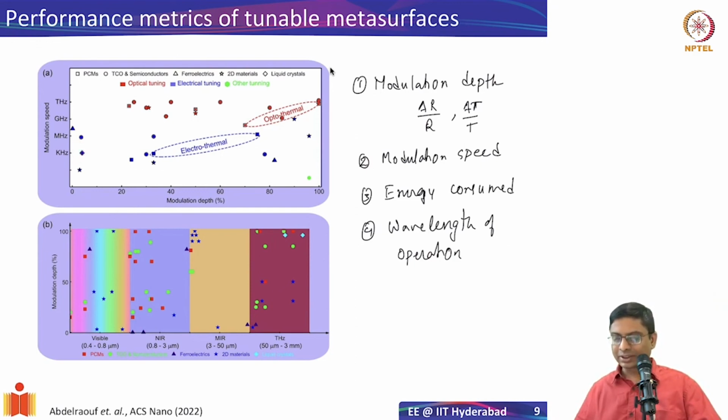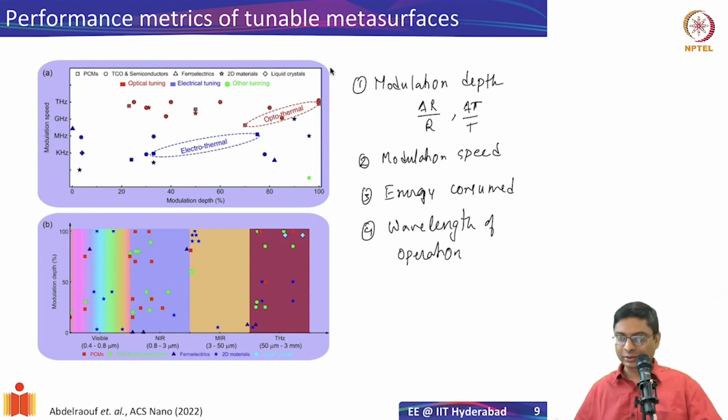It depends on the configuration. You can also have large modulation depth with liquid crystals. I'm not sure which example this was, but there should be other liquid crystals having much higher modulation depth and lower frequency. We'll have to look at the literature to see where exactly these things are done.